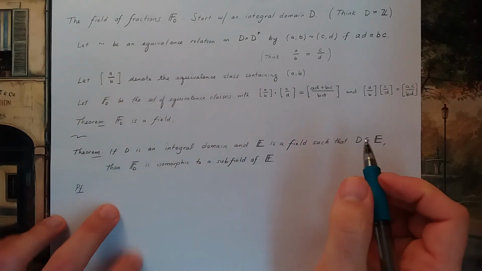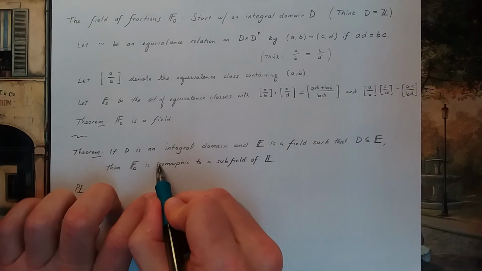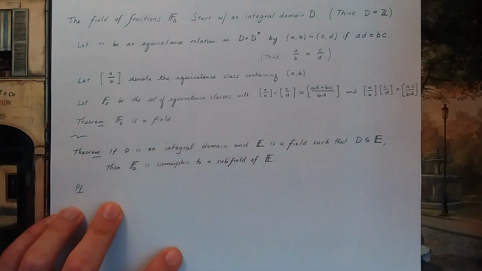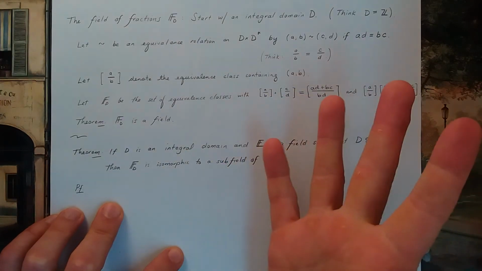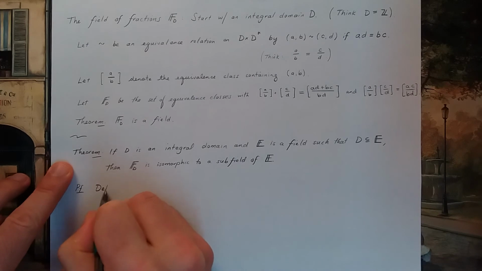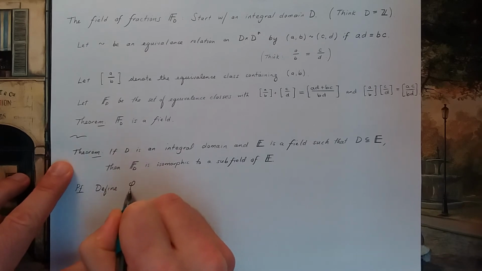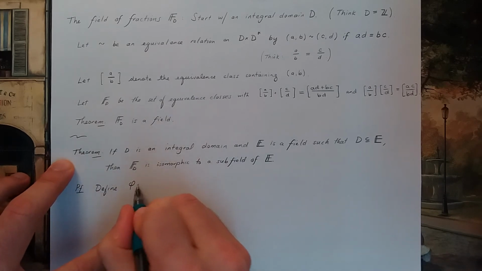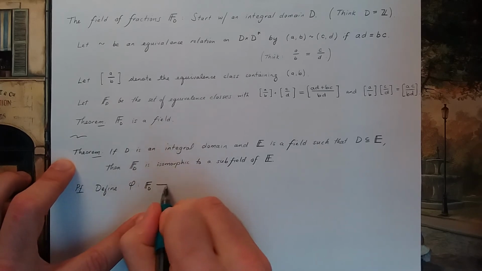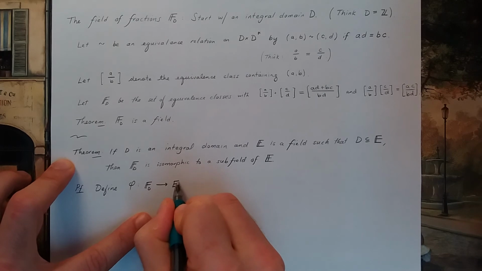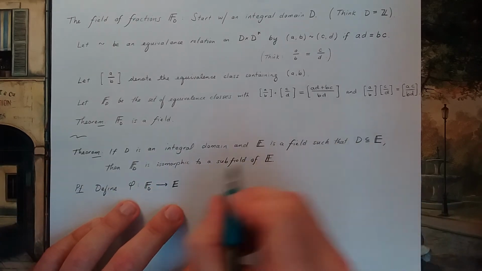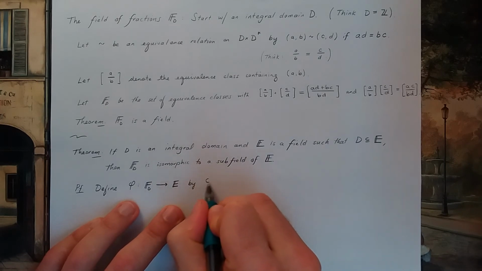Okay, so here's the proof. In order to show that FD is isomorphic to a subfield, I need an isomorphism. I need to have a homomorphism with certain properties. So I'm going to define a ring homomorphism from the field of fractions into the larger field that contains my integral domain by the following.